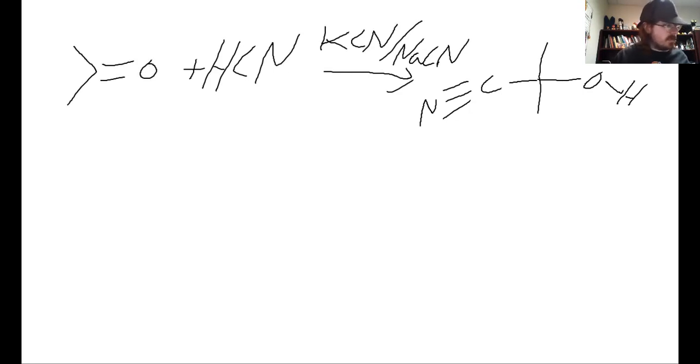Now, towards this formation, formaldehydes, once again, are going to be more reactive than aldehydes, and aldehydes are going to be more reactive than ketones. While some ketones will react relatively well to these, bulky ketones will not. You've got to think about it, the same thing with nucleophilic addition.